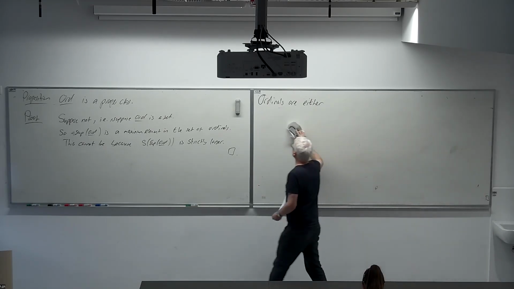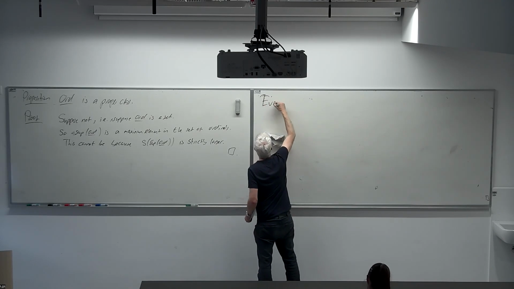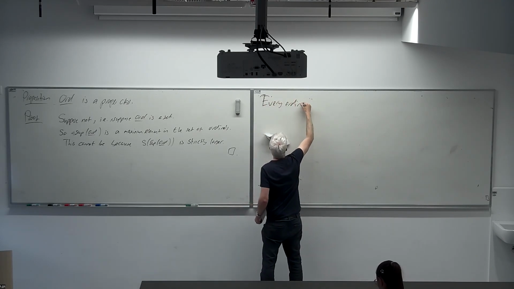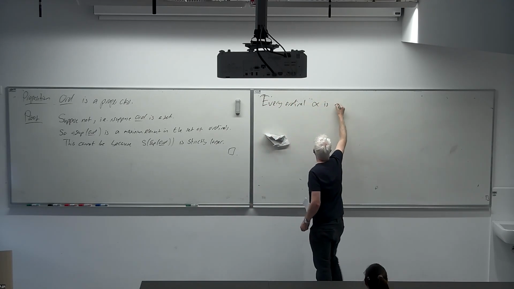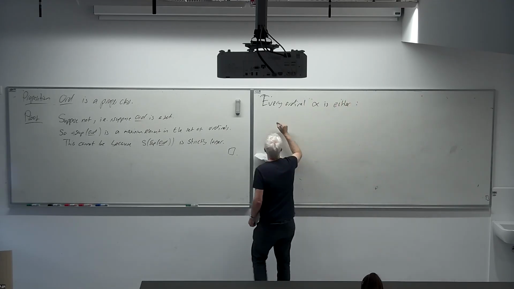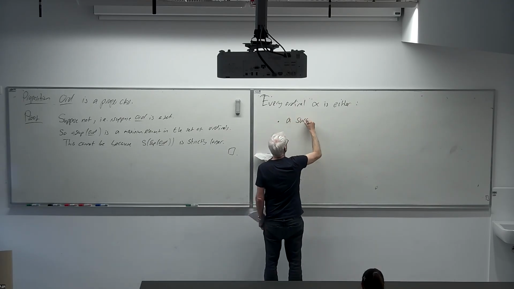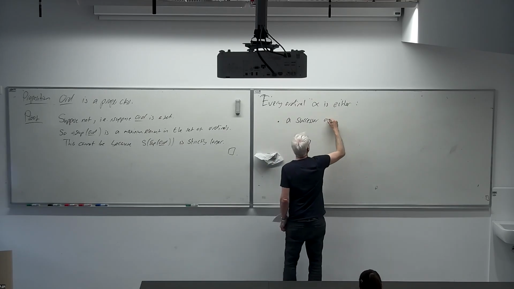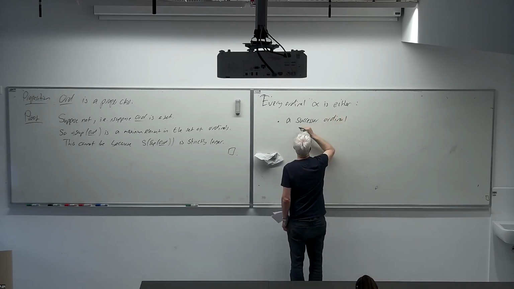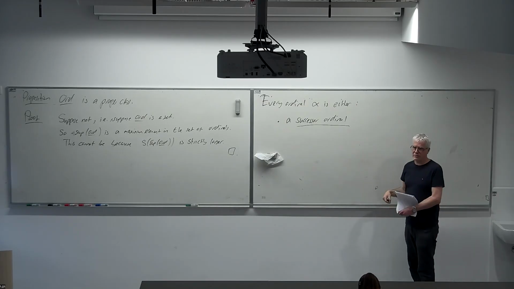Let's put it like this: every ordinal alpha is either a successor ordinal, so that means it is the successor of some other ordinal.